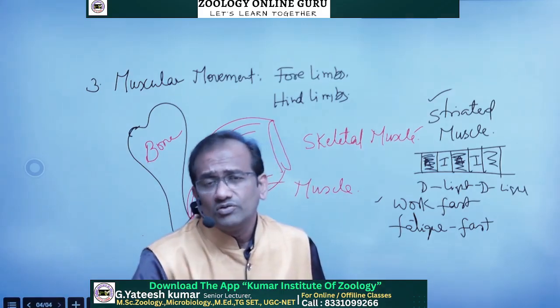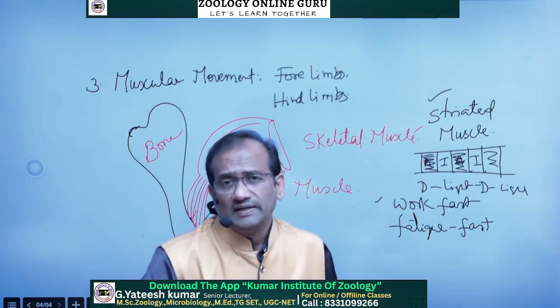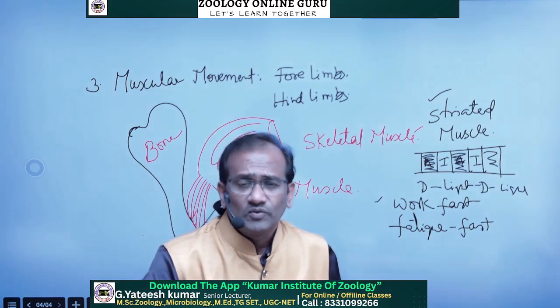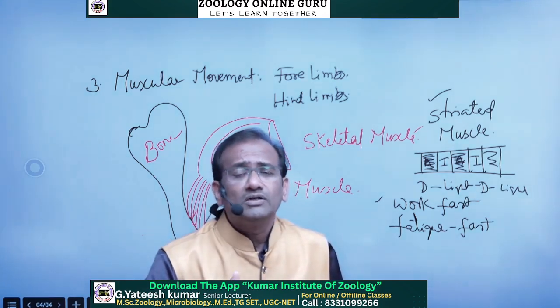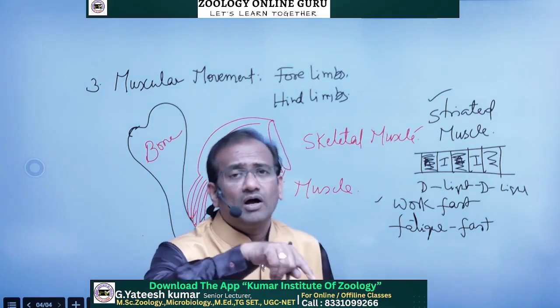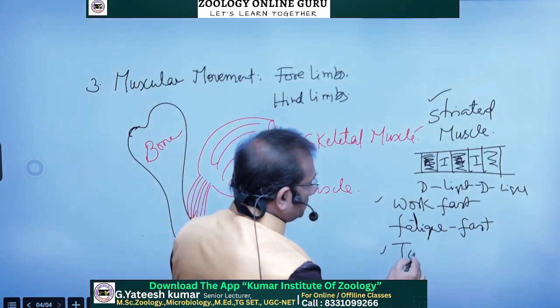In our body, there is one skeletal muscle without bone, and it is a striated muscle. That muscle is without bones, but is also called skeletal muscle. The best example for that is the tongue.